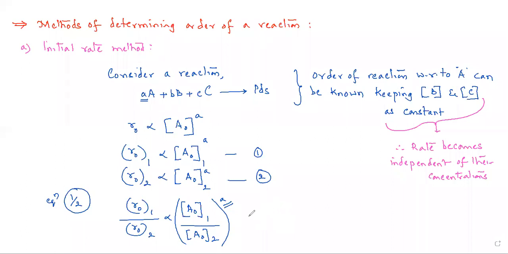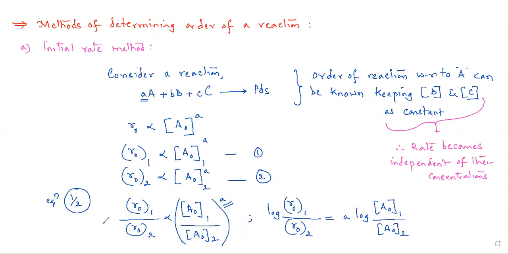Log R0 1 by R0 2 is equal to a log A0 1 by A0 2.